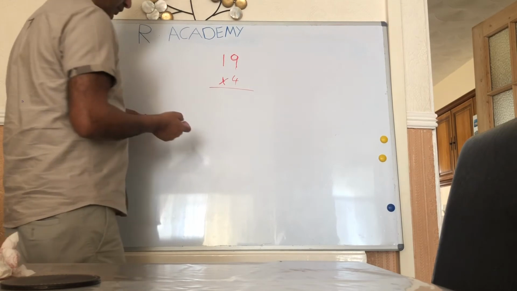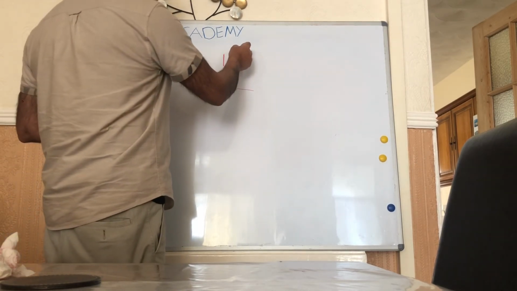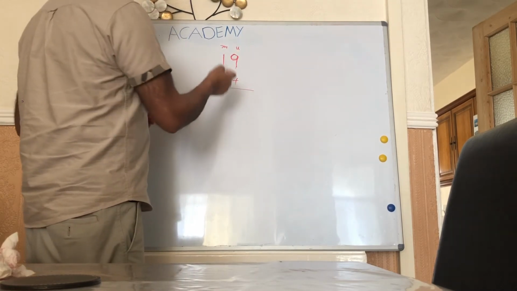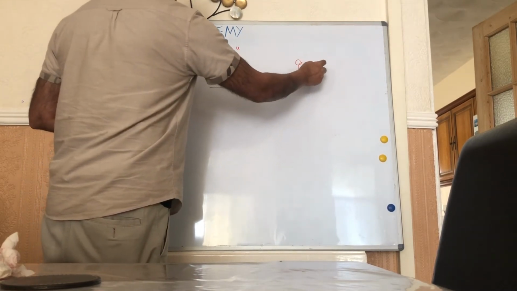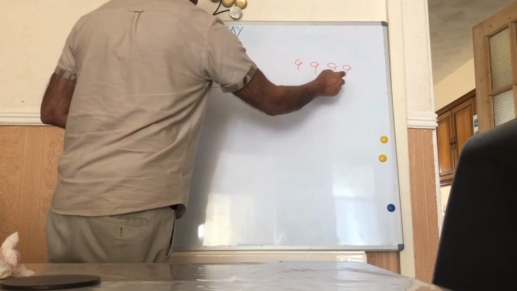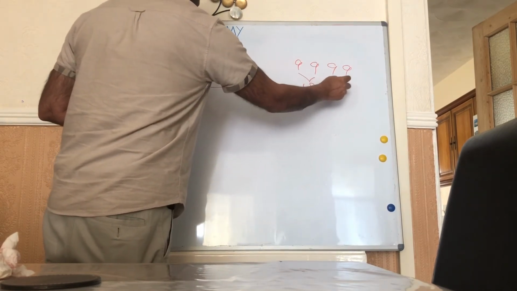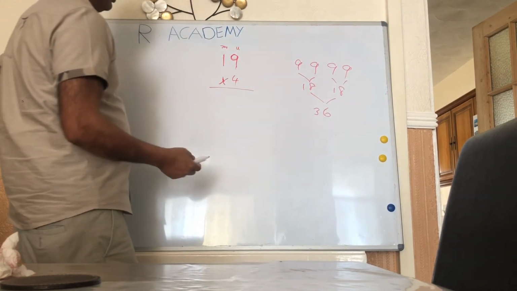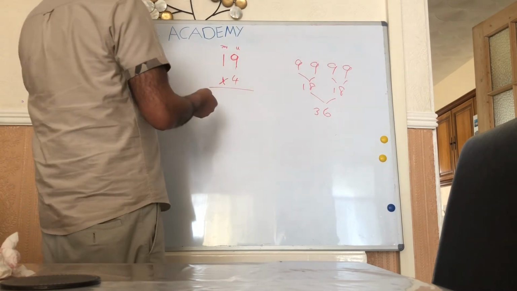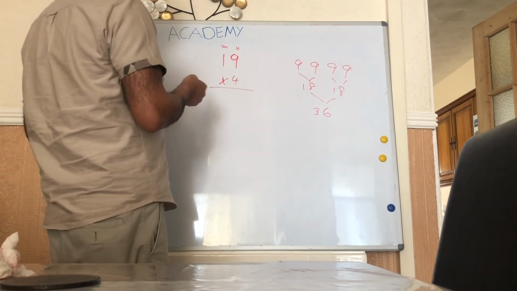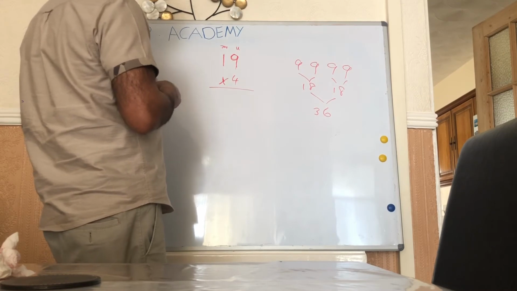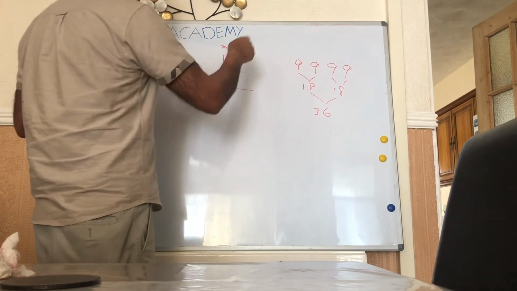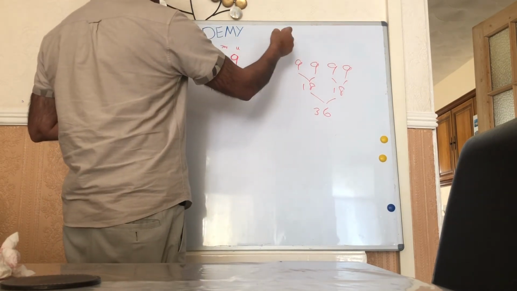So to do 19 times 4, first of all, you'd have to do the units, and then you've got the tens. So 4 times 9, so say 9, 9, 9, 9, 18, 18, 2 18s are 36. If you don't know what 4 9s are, well, you can work it out that way. Or, because we're working on 9s here, you could easily do this as well, my old method, what I just showed you.